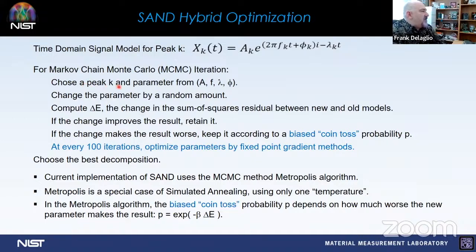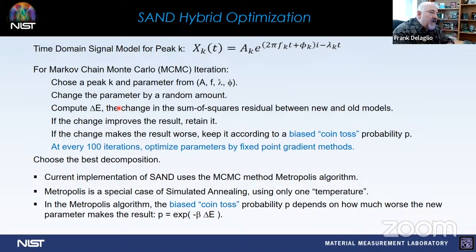We choose a peak at random and one of its 4 possible parameters. We change that parameter by a small amount, and we test whether that change makes the fit better or worse. If it makes the fit better, we keep it. If it makes the fit worse, we keep it in a probabilistic way.